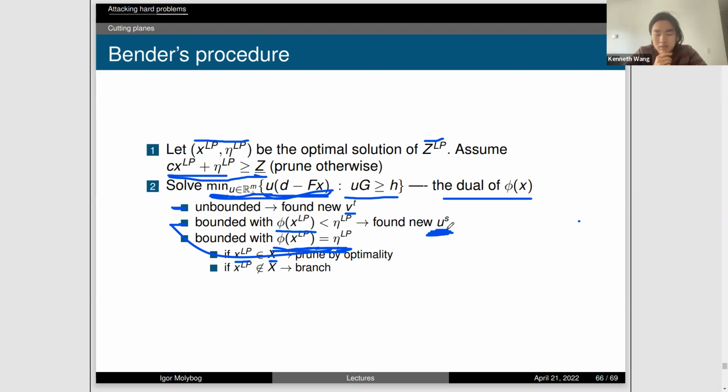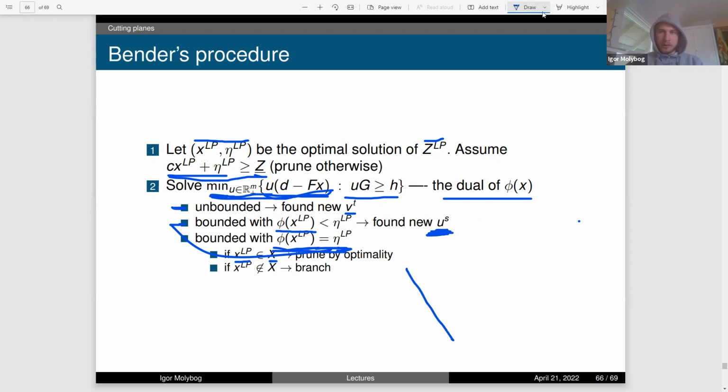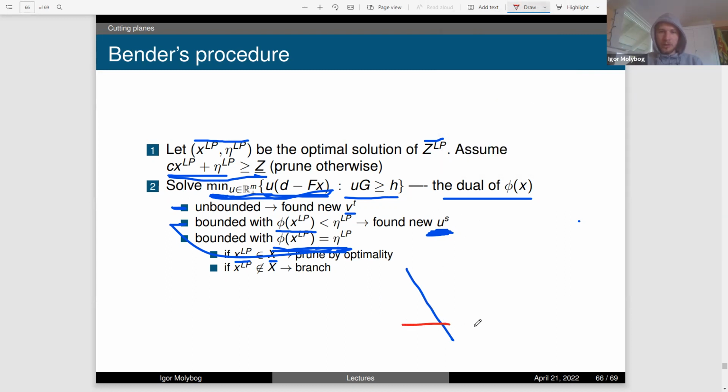Sorry, could you explain the extreme point, like why it's a new extreme point? Because that's actually not that clear, it's something in my head. Yeah, so basically, let us consider the following picture. Let's say that we have 3 inequalities. One is going to be the blue inequality, then we're going to have a red inequality. So we are in the U space right now.